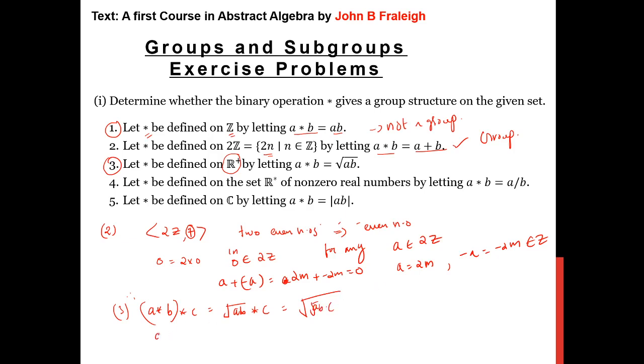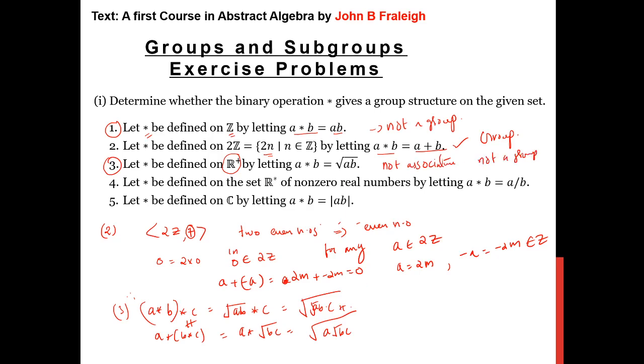But a star b star c is also equal to a star root bc, which is equal to root of a root bc. These two values are not equal, therefore it is not associative. The binary operation is not associative, therefore not a group.